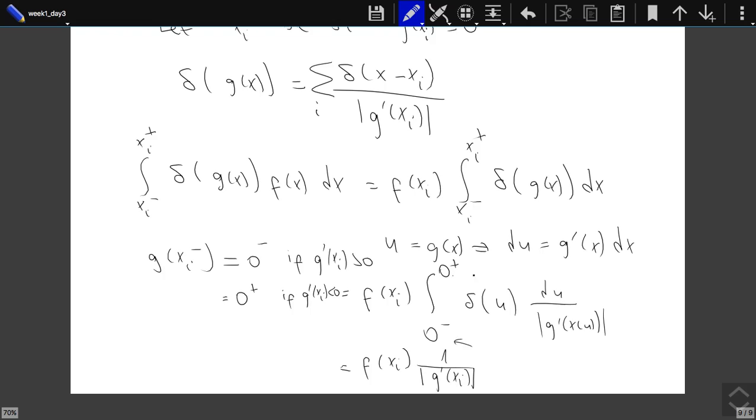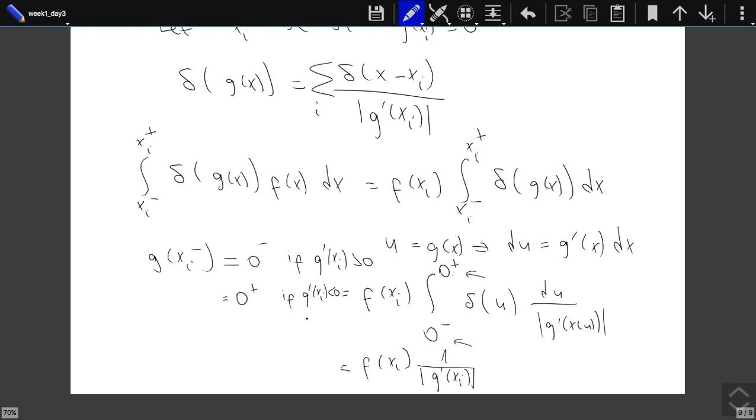So since I fixed the order of integration at this step from 0 minus to 0 plus, I have to add a plus sign or a minus sign. Well, you see, when we are making a change of variable, the lower limit should correspond to xi minus, and the upper limit should correspond to xi plus. But when I'm saying that it is from 0 minus to 0 plus, it is true if the derivative of g is positive at xi, but if the derivative of g is negative at xi, that means I have already made a change of the order of integration, change of the limits of the integration.